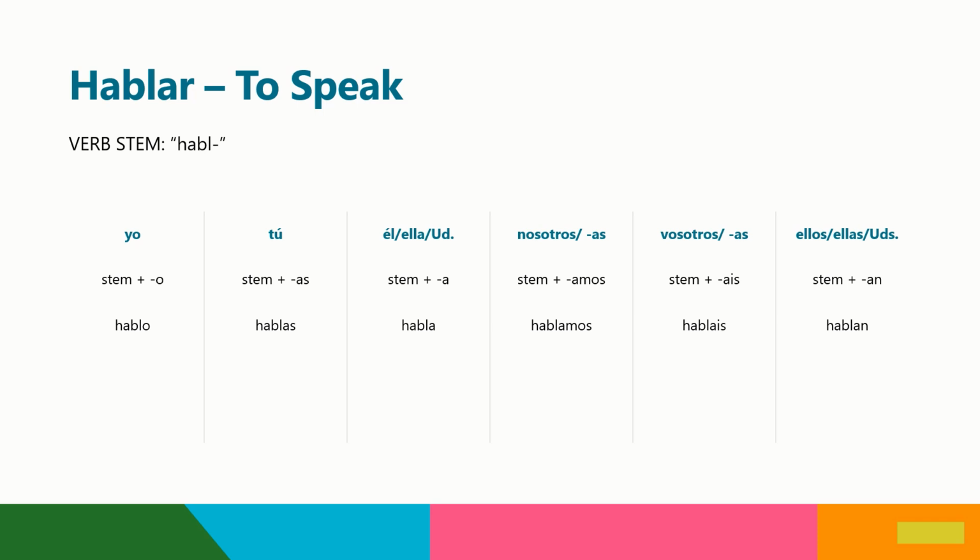For we, nosotros, I'm going to add AMOS. Hablamos. Nosotros or nosotras hablamos. For you in Spain to a group, I'm going to add AIS, you see, and it's habláis. Vosotros habláis. And finally, ellos, ellas, ustedes, you add AN for hablan. They speak.